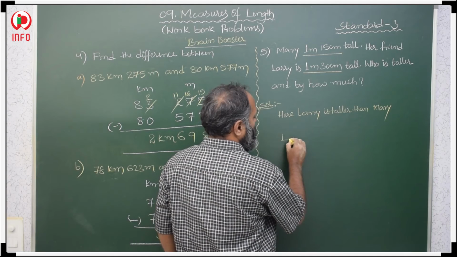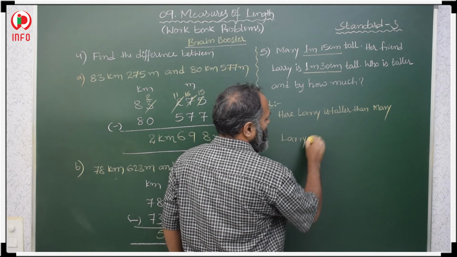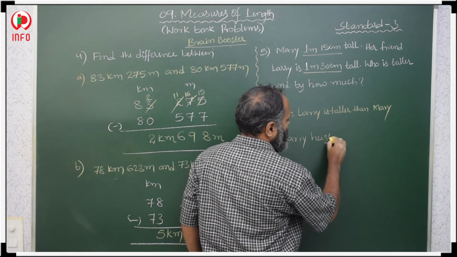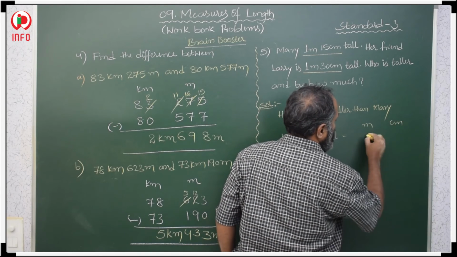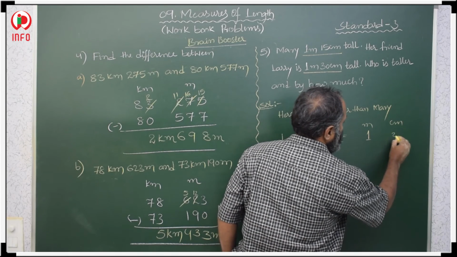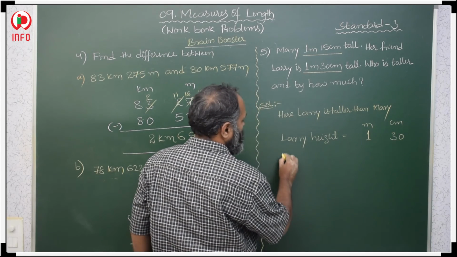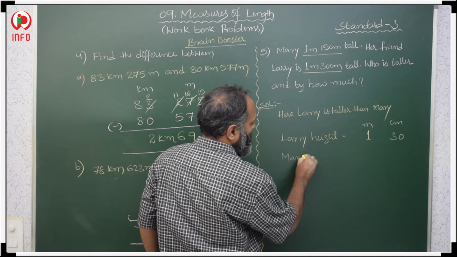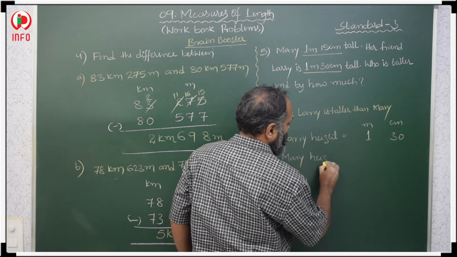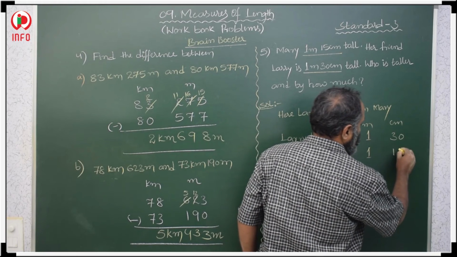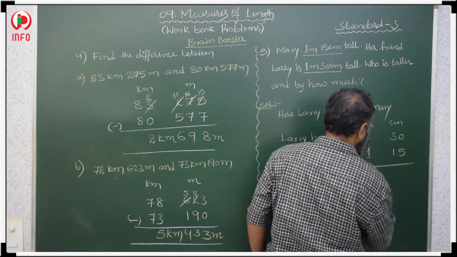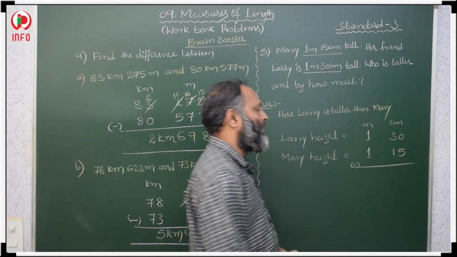So, Larry's height, meters and centimeters, 1 meter 30 centimeters. Then Mary's height, 1 meter 15 centimeters. How much taller? Means difference we have to find.